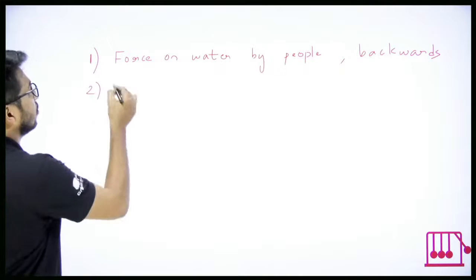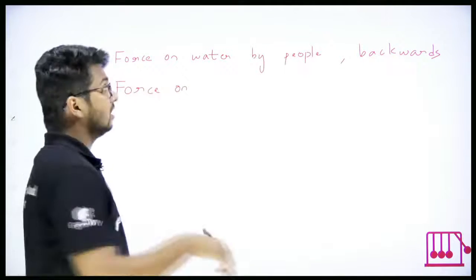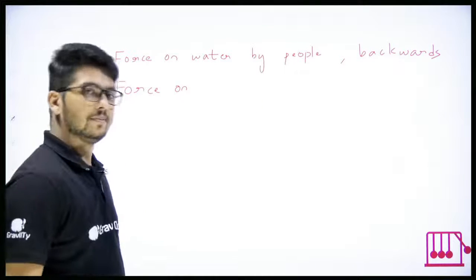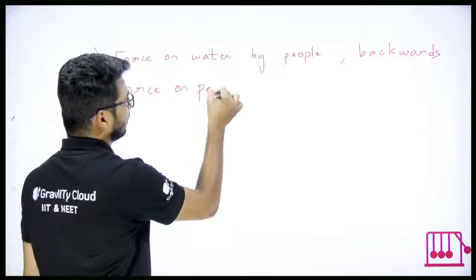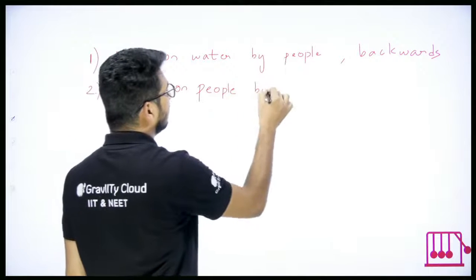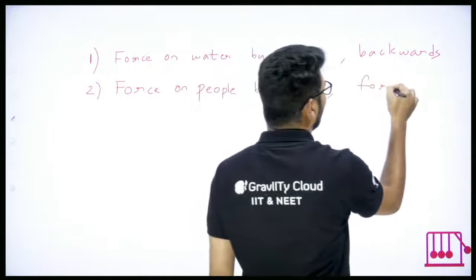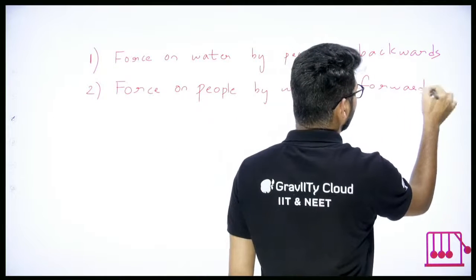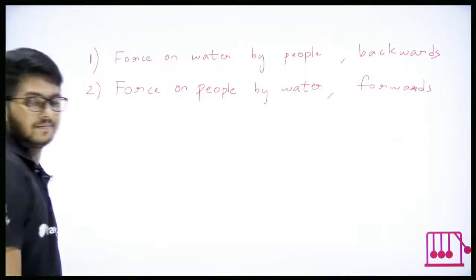And the second force is force on whom? Force on the people. And when I say on the people, people are in the boat, so force on the boat. So I'll just say force on the people. By whom? By water. In which direction? Forwards. Yes or no? That is what is happening here.